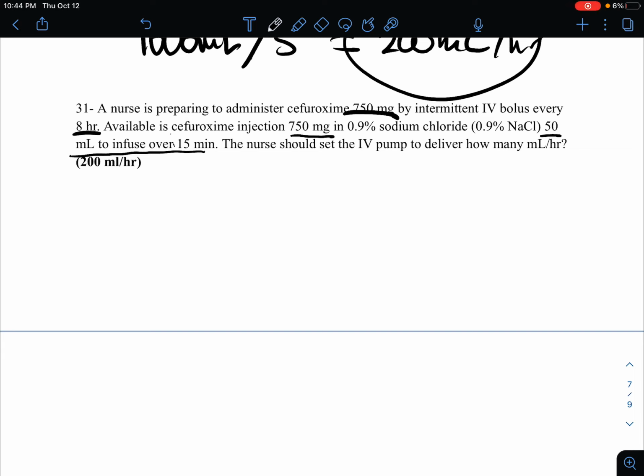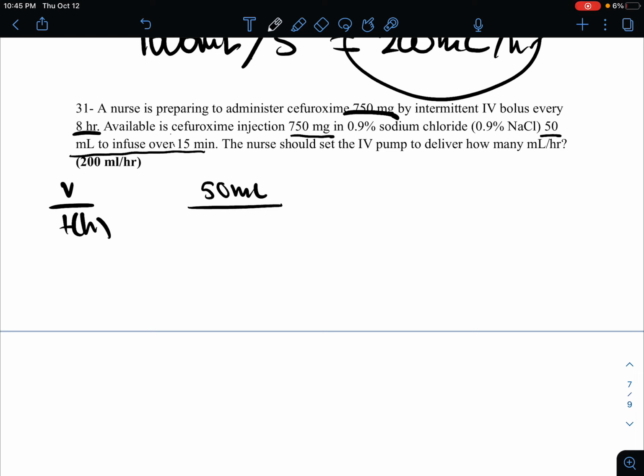So remember, with infusion problems, the formula is always volume over time in hours. That's not an N, that's an H. So our volume is 50 milliliters over time in hours. But the thing is we're not given hours, we're given minutes.